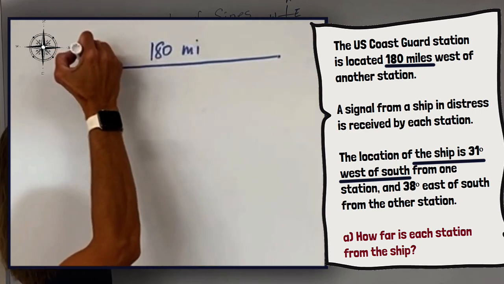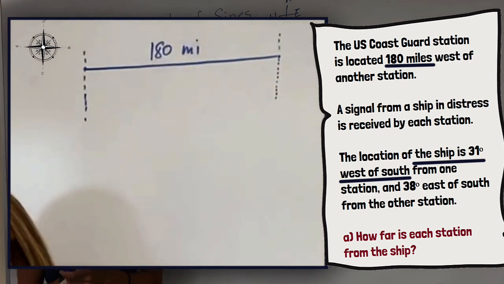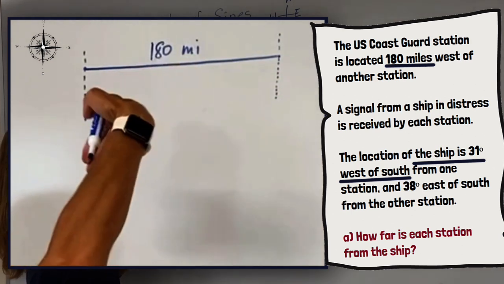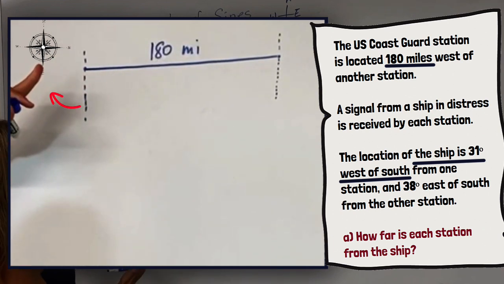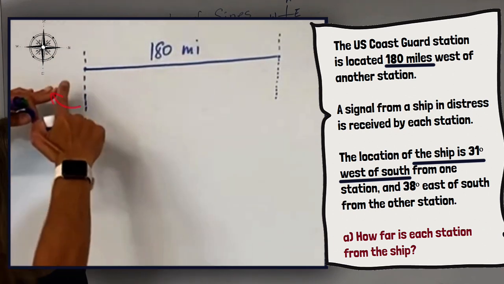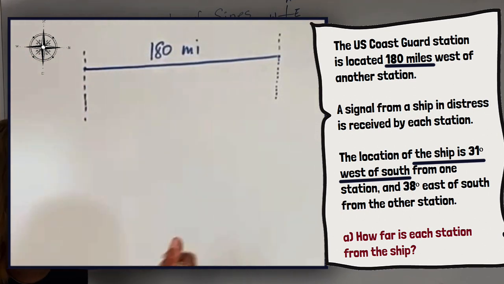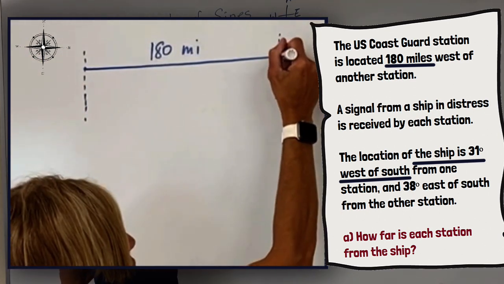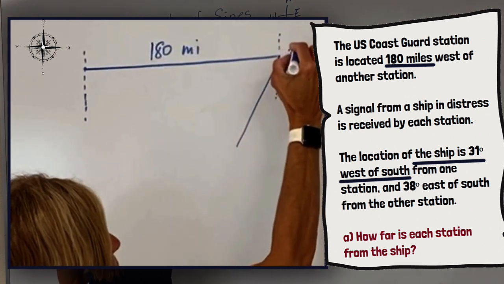If I draw in my south at both these stations, I'll note that if I'm going to go west of south, that would be in this direction. So clearly we can't be talking about that direction in terms of this station. So my 31 degrees is in this space.